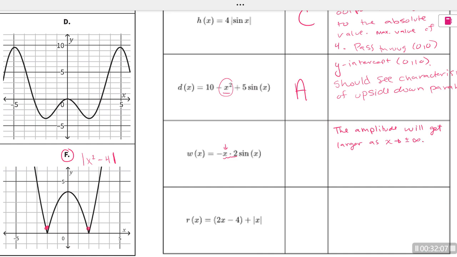I'll phrase it that way. As it's going left or right, we should see this get larger and larger because we're multiplying by x. And if x is closer to 0, let's say x is 1/2, then the amplitude grows smaller.